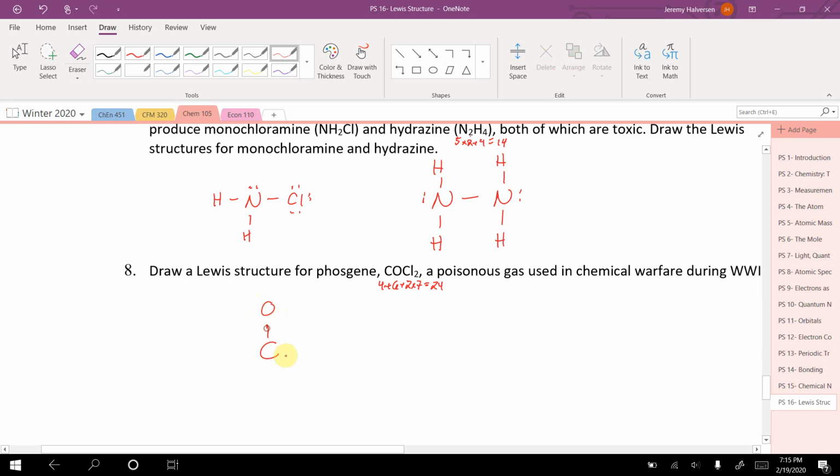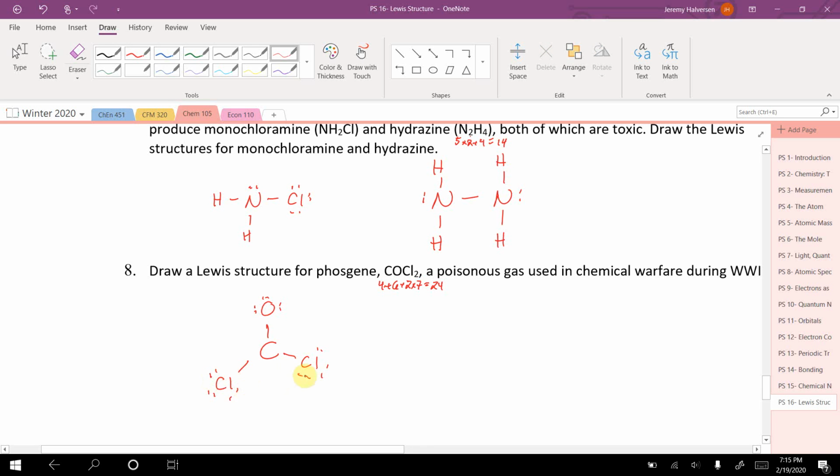An oxygen, chlorine, chlorine. Start filling up the most electronegative. So 2, 4, 6, 8, 10, 12, 14, 16, 18, 20, 22, 24.